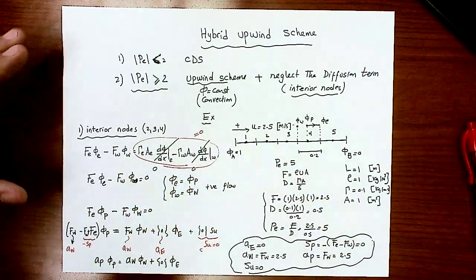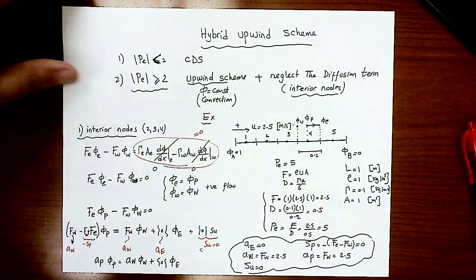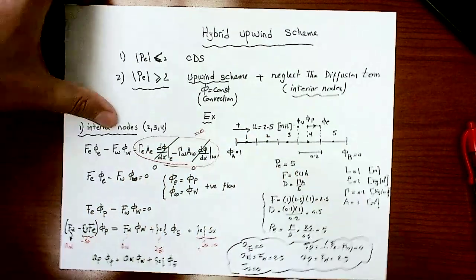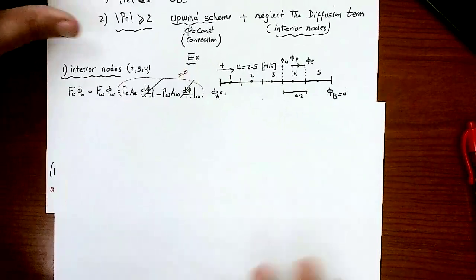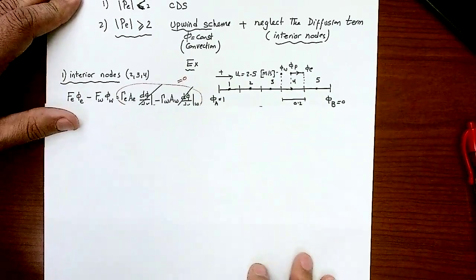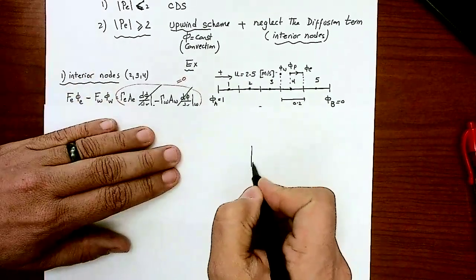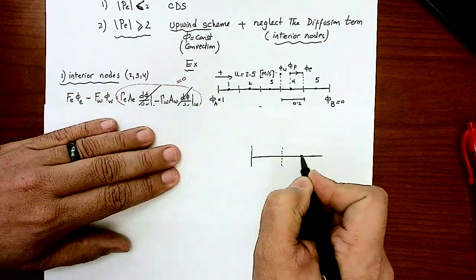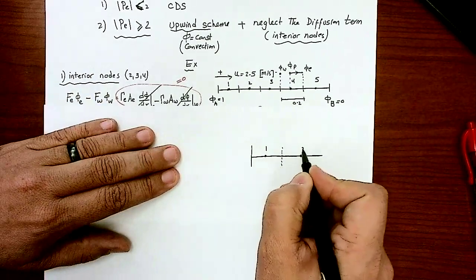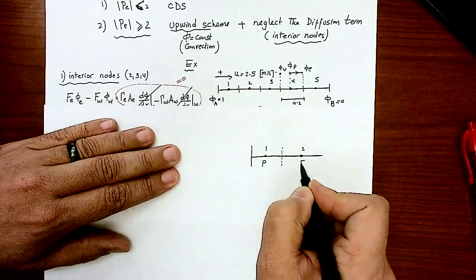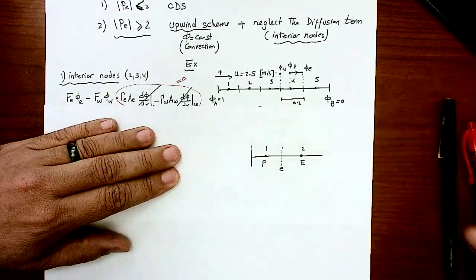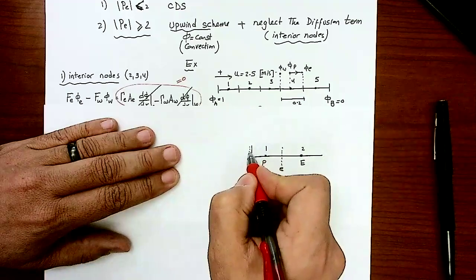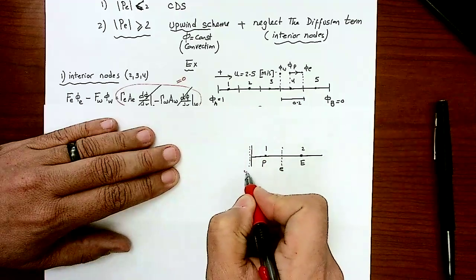Now, let's go back to node number 1. That's the first node. Let me draw this. So that's node 1, that's node 2. This is my P, this is my east, this is my east face, and this is my west face.